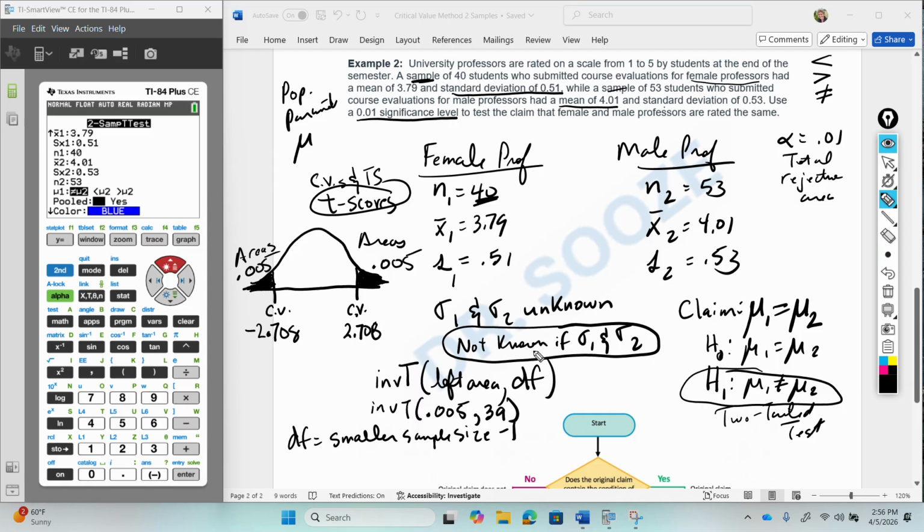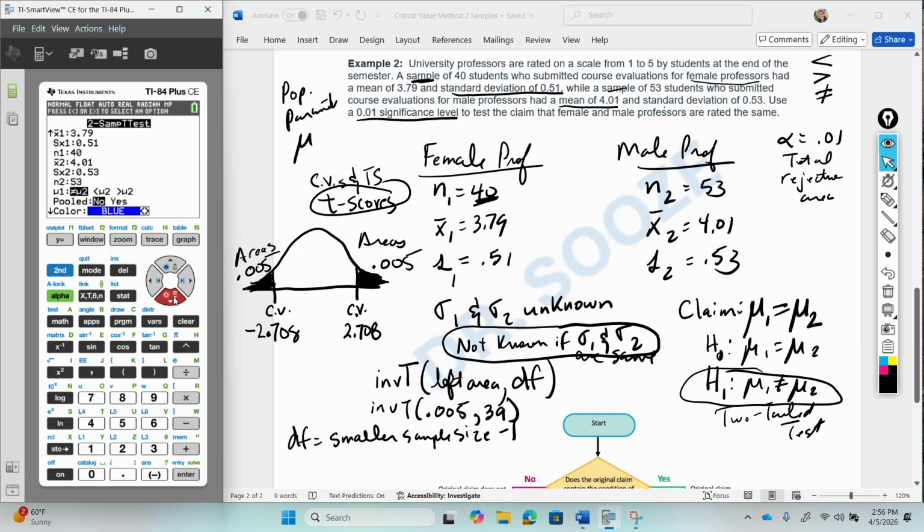If you don't know whether or not sigma 1 and sigma 2 are the same, then you do not pool. So we are choosing no. Even though sigma 1 and sigma 2 are unknown, there's that extra bit of information: are they the same, or do we not know anything about that? We haven't been told that they're the same. So we are not going to pool.